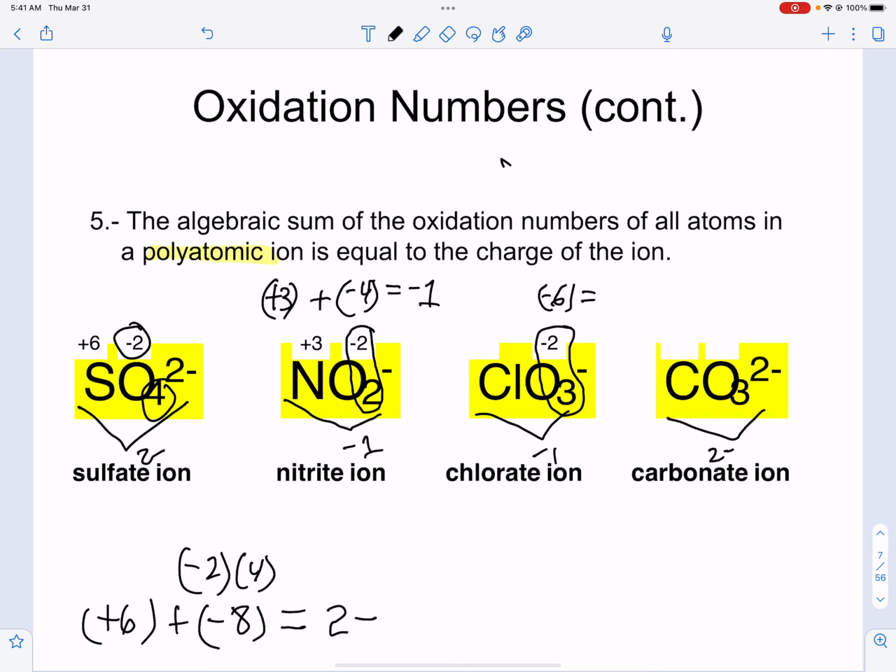All combined, we have to get minus 1. So the chlorine, in this case, will have to be plus 5. And the last one, once more, oxygen is minus 2, but there are 3 of them, so that's minus 6. All combined have to give you minus 2, so the carbon will have to be plus 4. And that's what we get.